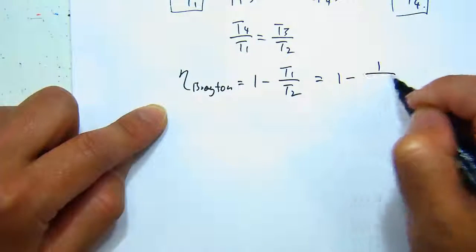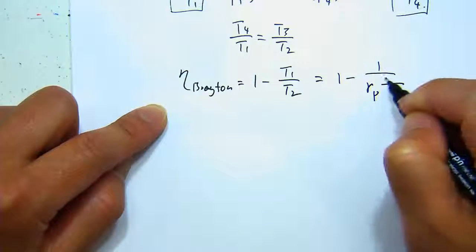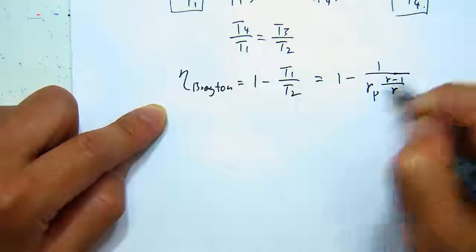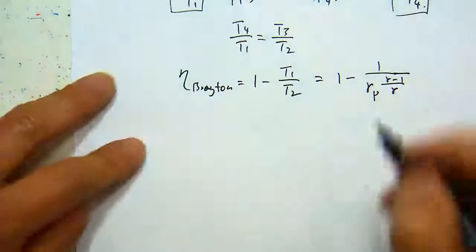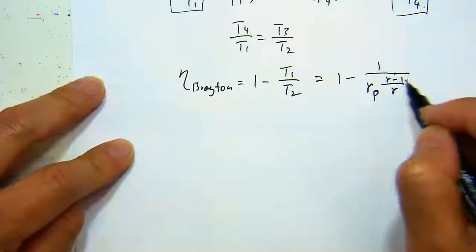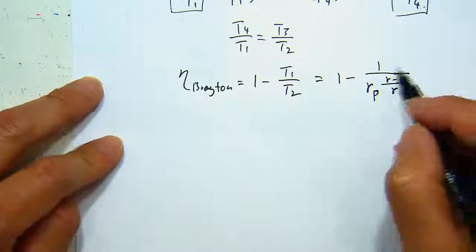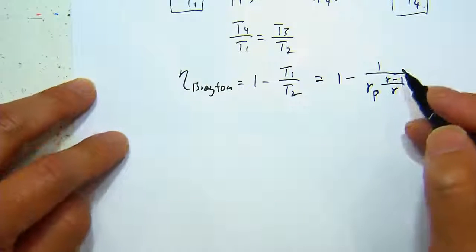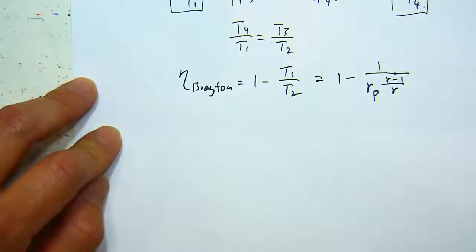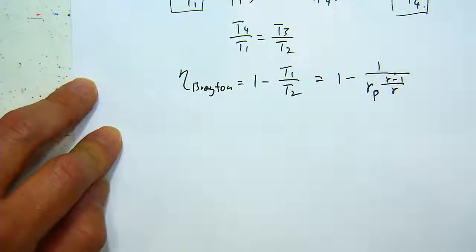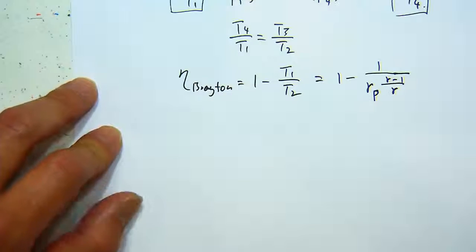1 over Rp to the power of gamma minus 1 over gamma, because these two should follow the isentropic relation, the pressure ratio to the power of gamma minus 1 divided by gamma. This relation is the efficiency equation that we derived for the ideal Brayton cycle.